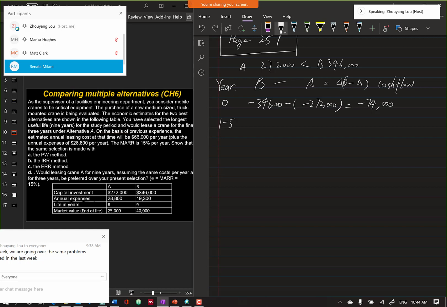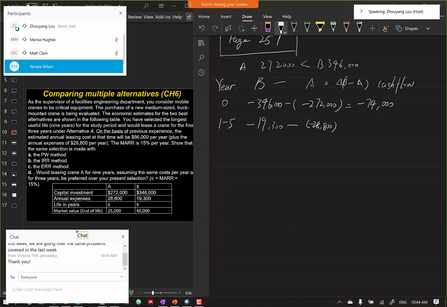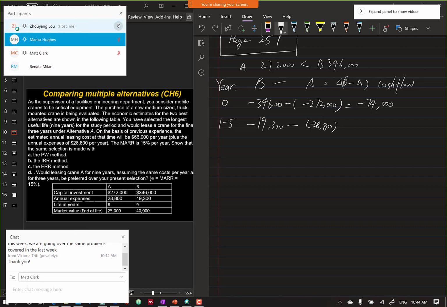So for each year in year 1 to year 5, the net cash flow will be the annuity of B, that's minus 19,300, and for A, that's minus 28,800.